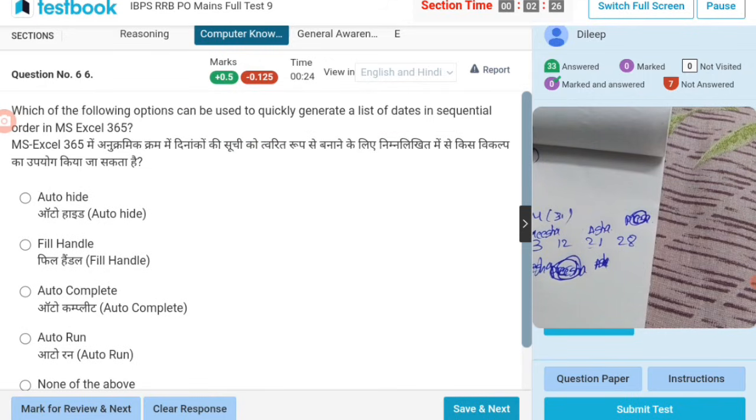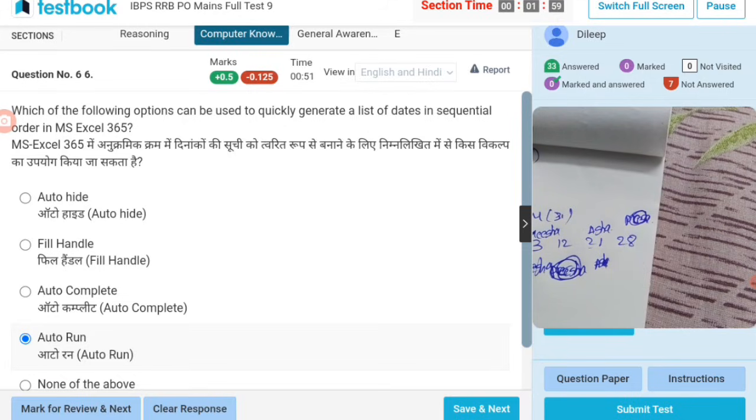Which of the following options can be used to quickly generate a list of dates in sequential order in MS Excel 365? Setting auto run. Which of the following options can be used to quickly generate a list of dates in sequential order in MS Excel 365?